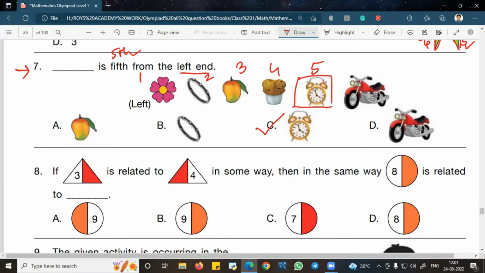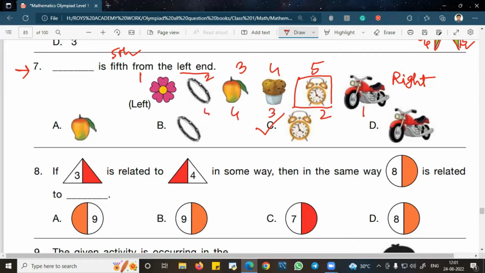Okay, dear student, you have to remember, you have to count from the left end. If you are asking what will be the fifth from the right end, then we have to start from the right place. I'm just giving you this example for your interest. If we count from the right end, which one is the fifth? This is the first, this is the second, this is the third, this is the fourth, and this is the fifth.